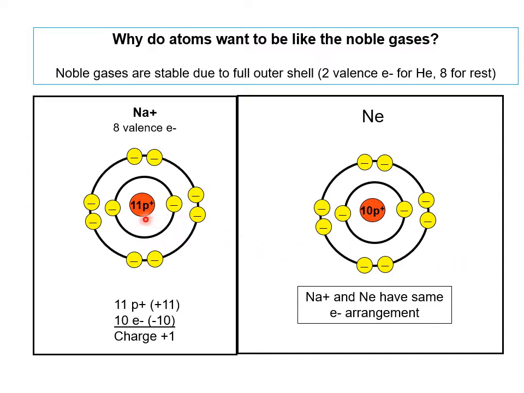The difference is that sodium has 11 protons, neon has 10 protons. And so that's why sodium has a charge of +1. So sodium with a +1 charge and neon have the same electron arrangement. And that results from Na losing 1 electron.